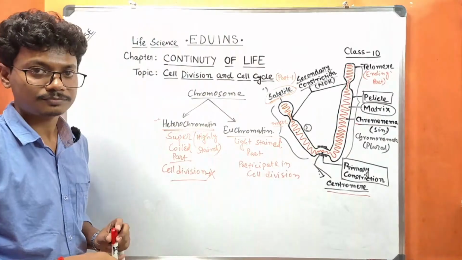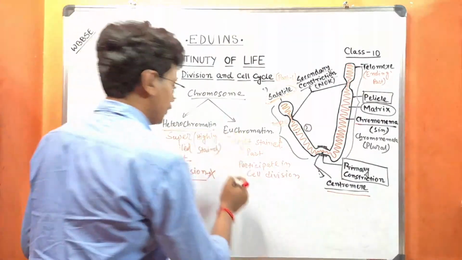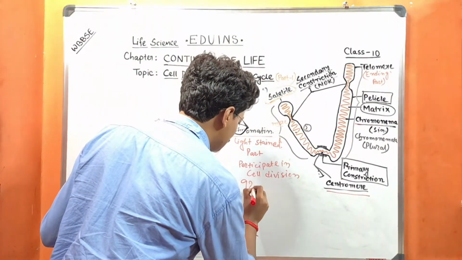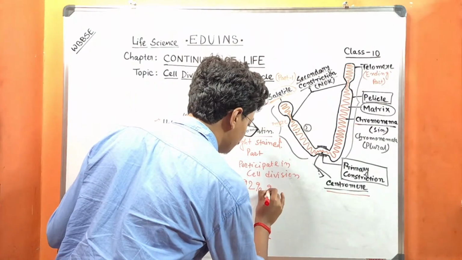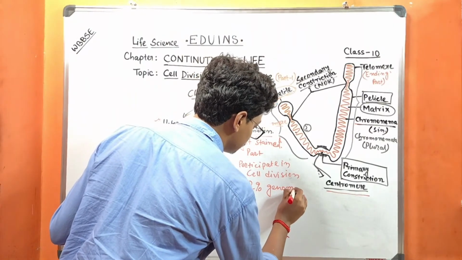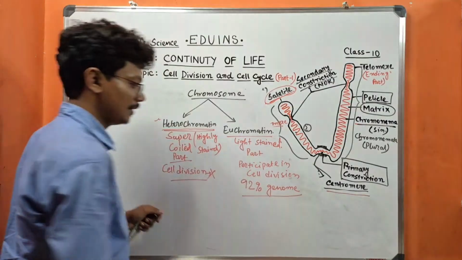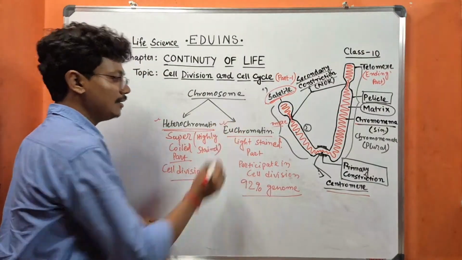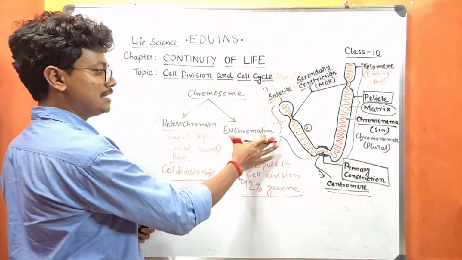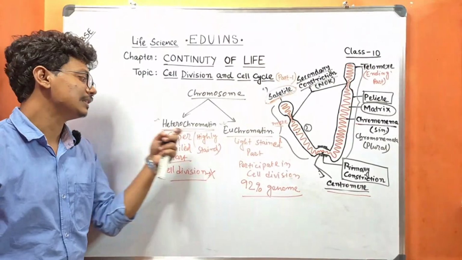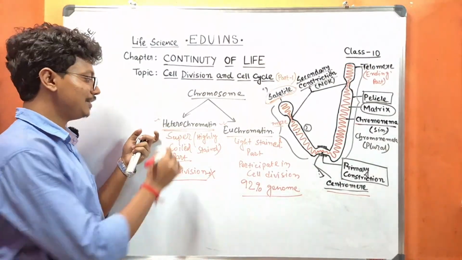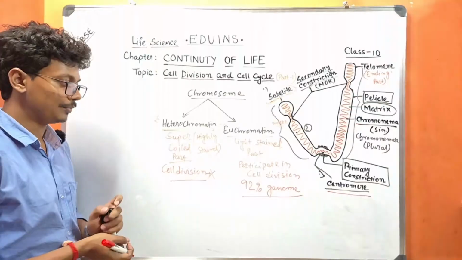In humans, 92% of the genome is present in the euchromatin region. So this is mainly the active region, and heterochromatin is mainly the inactive region of the chromosome.